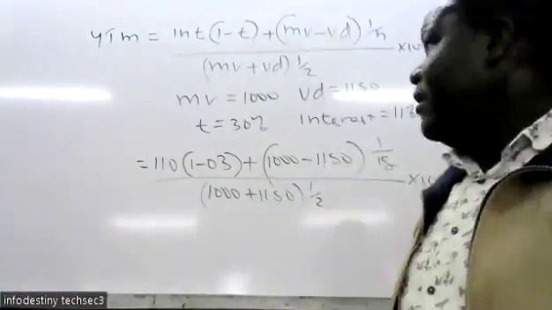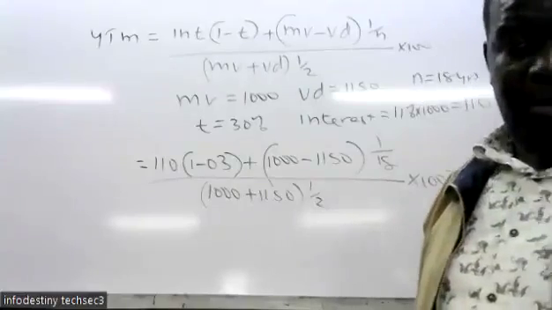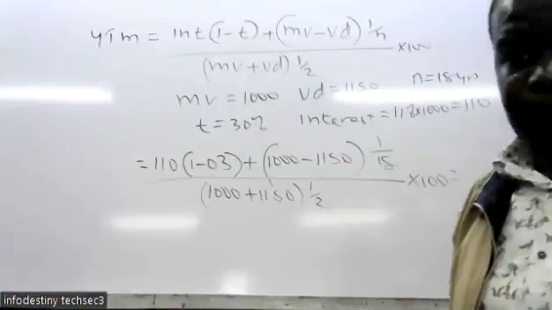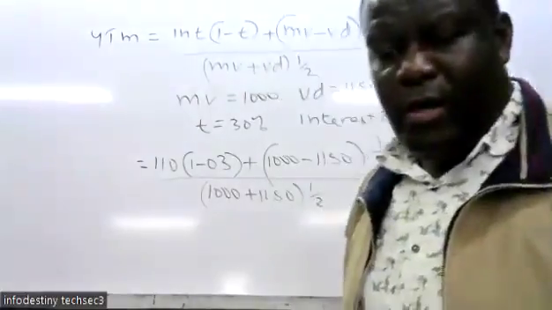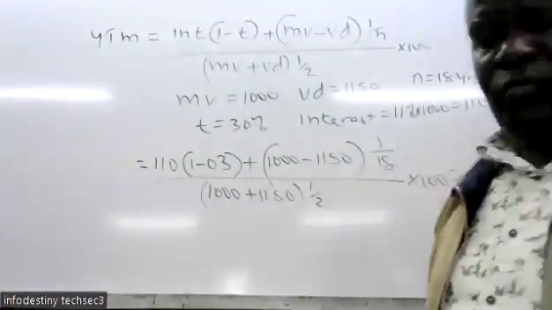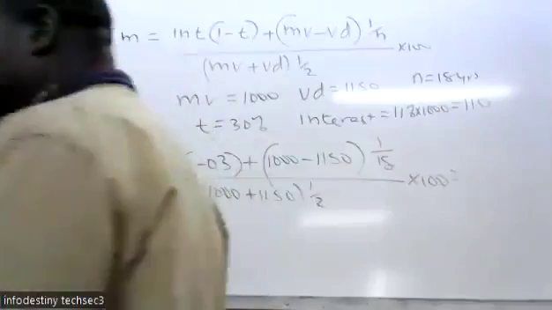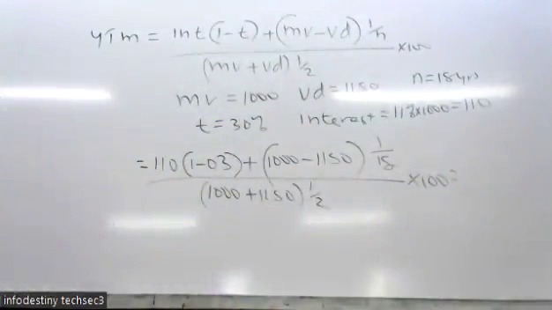So that is now our Roman letter 2, where you are required to calculate the yield to maturity of the bond.